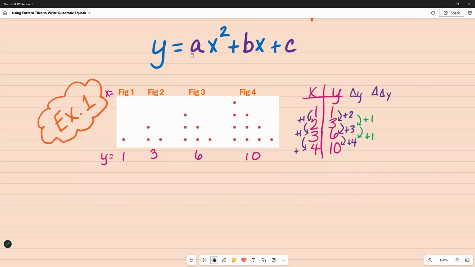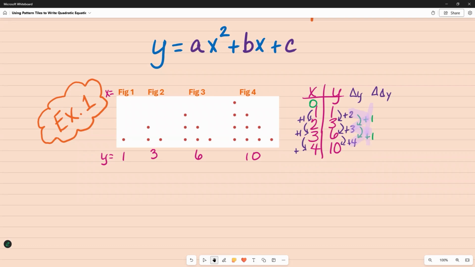Now, in order to write the equation or the function, if this says f of x, then what I need to do is find my y-intercept, and my y-intercept is indicated when x is equal to 0. So in order to find that, I want to look at my second difference, and I want to work backwards. I had to go from 2 to 1 to get to 3, and then from 3 to 1 to get to 4.